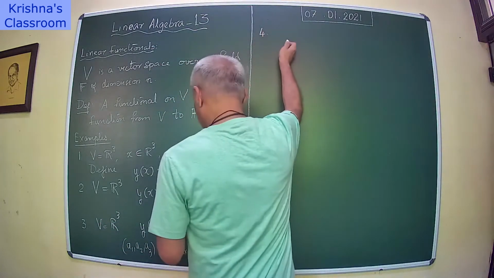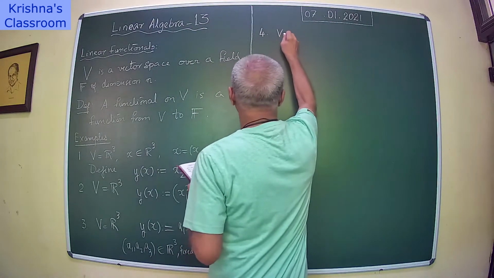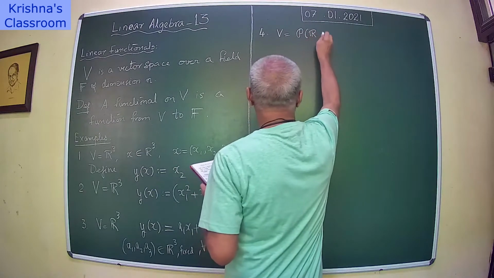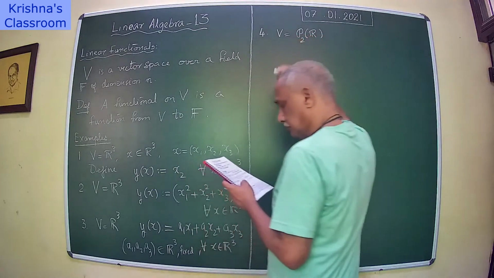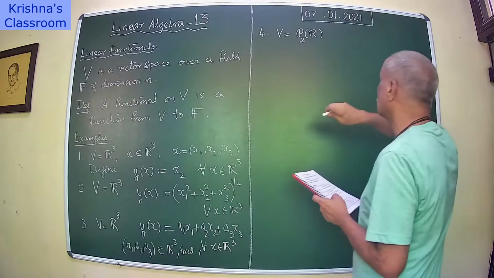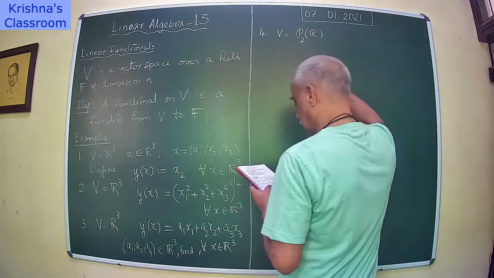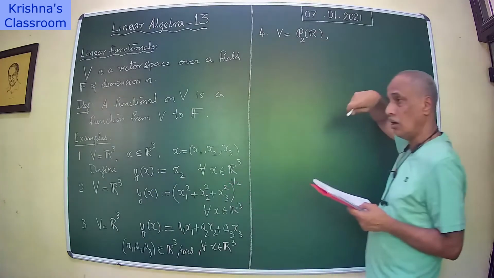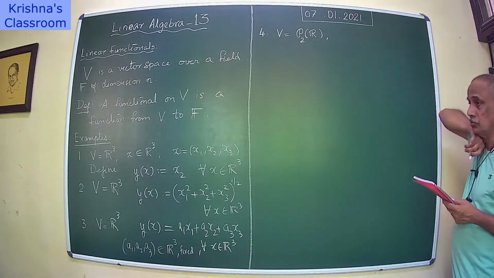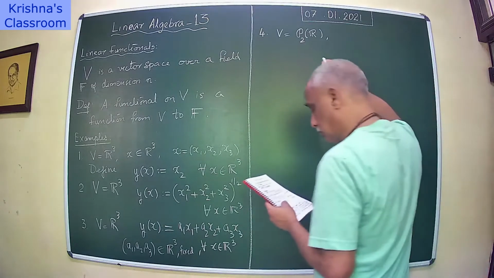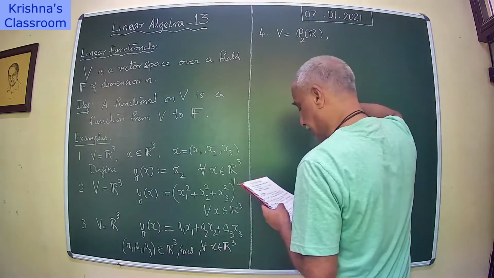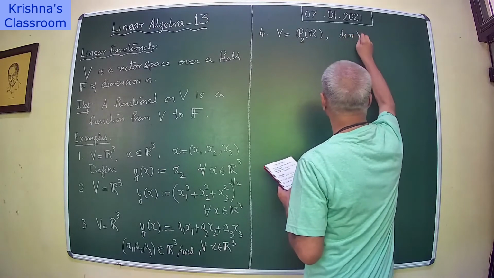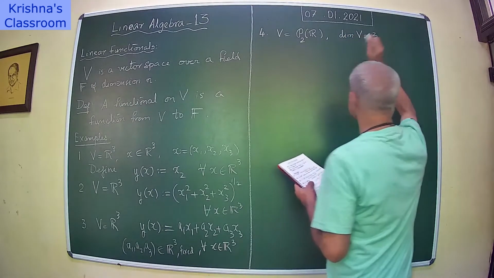Fourth example. We take V equal to P2, the polynomials of degree less than or equal to 2, including 0. That is a vector space of dimension 3.